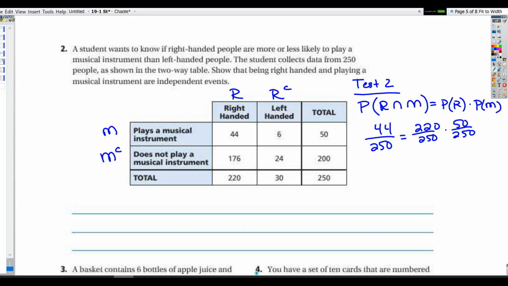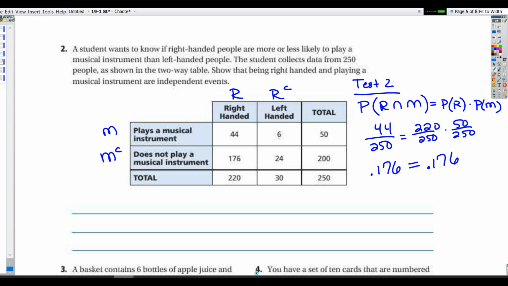And now you can simplify all that down, but I think we come up with roughly 0.176, and this is also 0.176. So in this case, we're saying, knowing that someone is right-handed or left-handed does not change the likelihood that they play or don't play a musical instrument. These two events are independent.